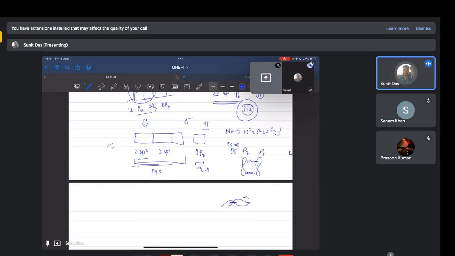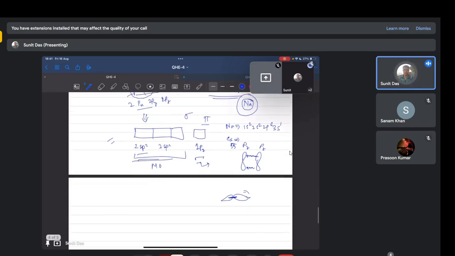What is the difference between a pi bond and a sigma bond? Very roughly, a pi bond is a little weaker, so its bond strength is lesser than the sigma bond, because the overlap region for the sigma bond is greater.